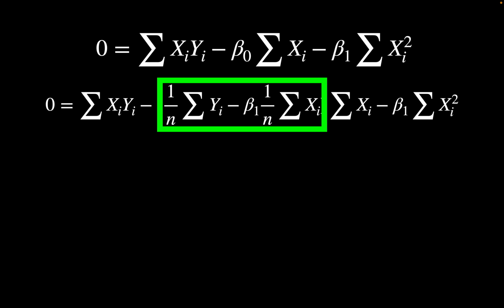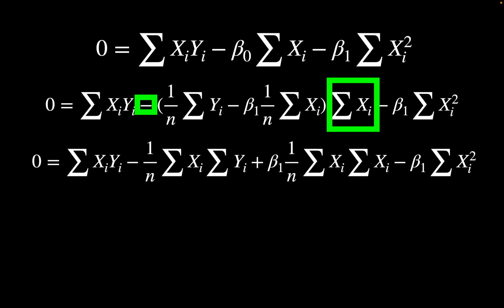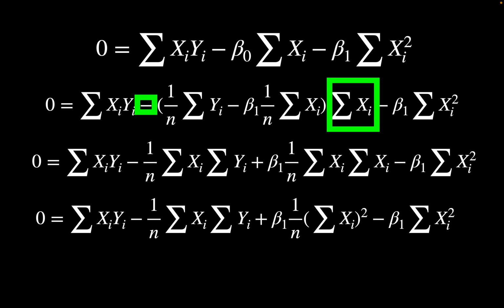It was the mean of the y values minus beta 1 times the mean of the x values. So we're going to sub this in. Now we're going to distribute our sum of our x values and also our negative into the brackets. Which brings us to this. I know it's quite a long line. If you need to pause and look at the math yourself, definitely do that.